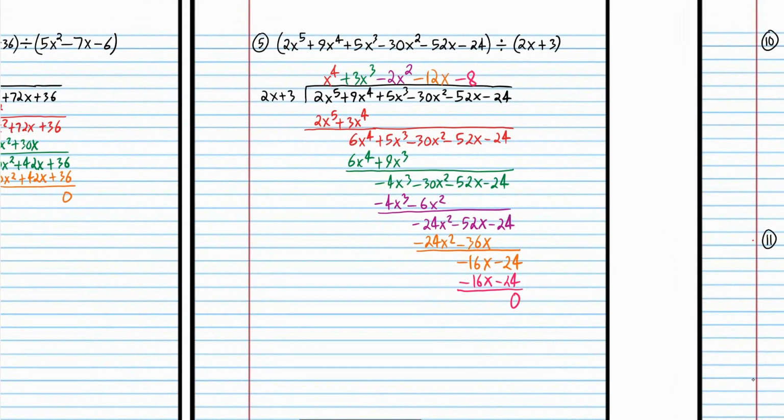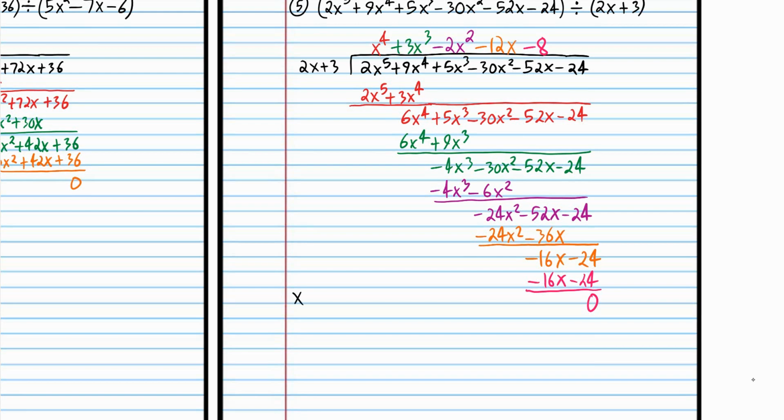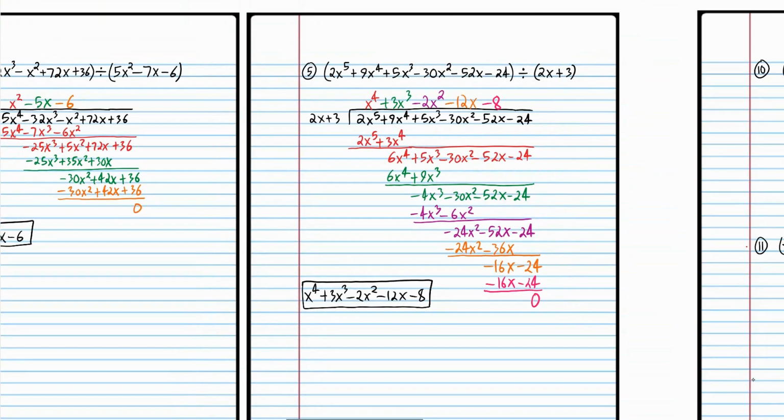So the final answer is this yellow expression up here. So we have x to the 4th plus 3x cubed minus 2x squared minus 12x minus 8. And rectangle that. And there you go.